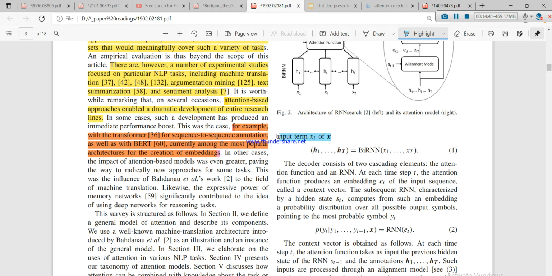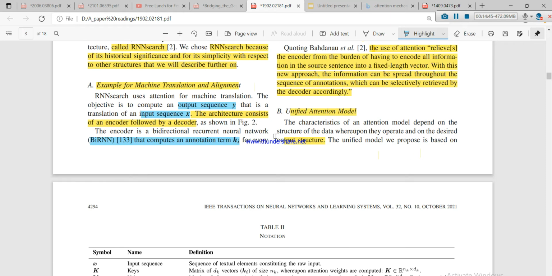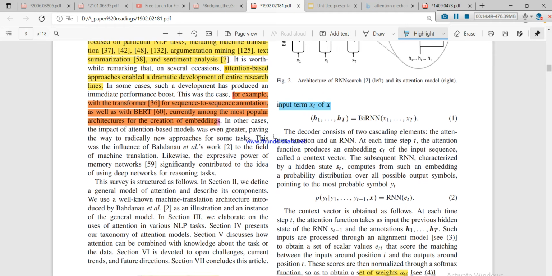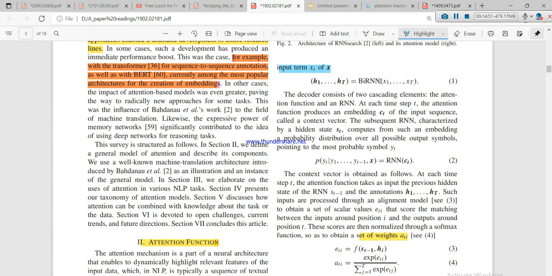Okay, so for every input term xi they are computing the annotation term hi.